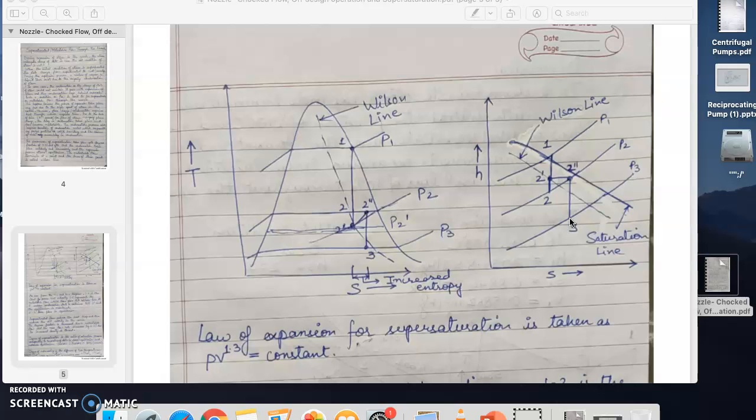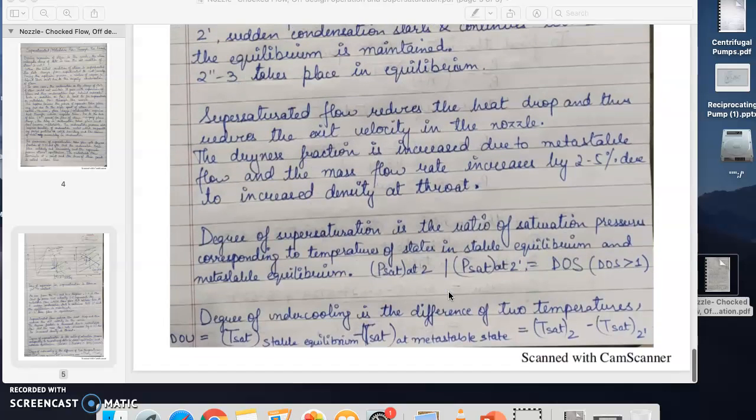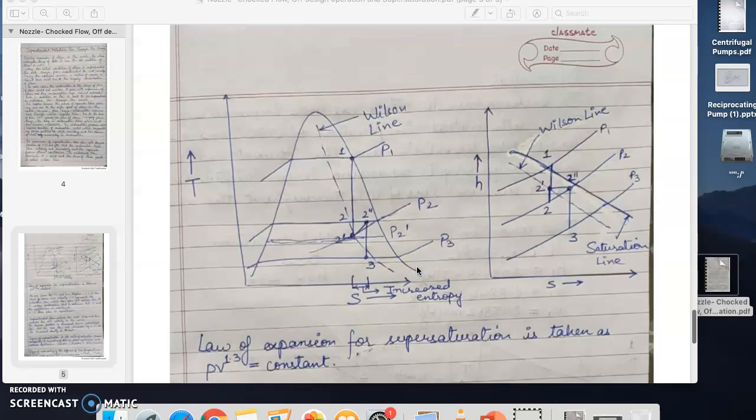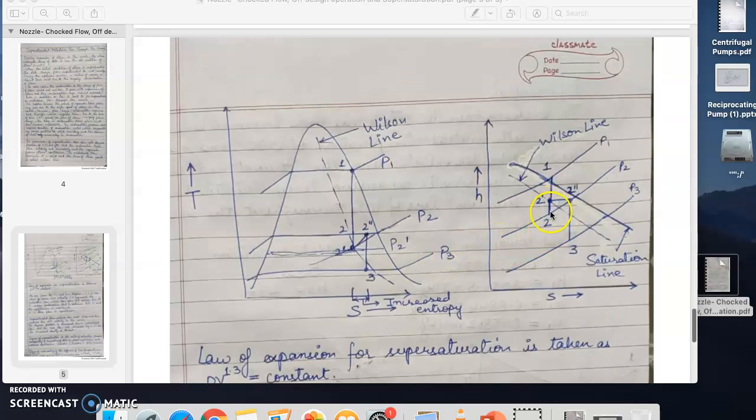Now, the degree of supersaturation is the ratio of the saturation pressures corresponding to the temperatures of states in the stable equilibrium and the metastable equilibrium. So the original process is this till 2 dash, and the ideal process would have been 1 to 2.